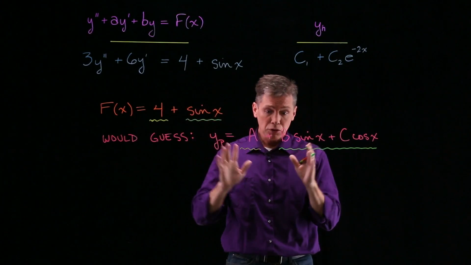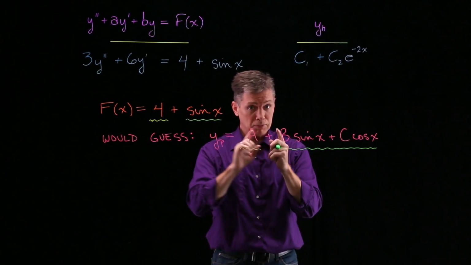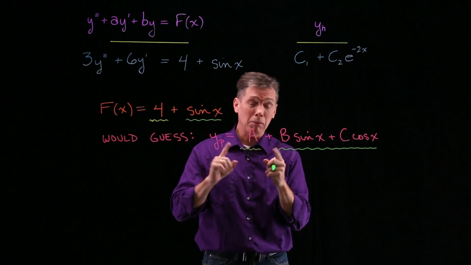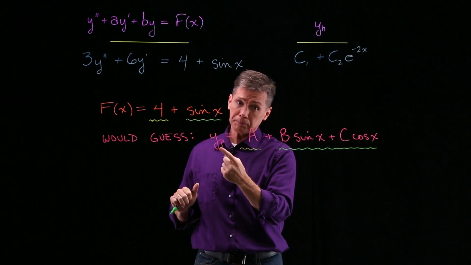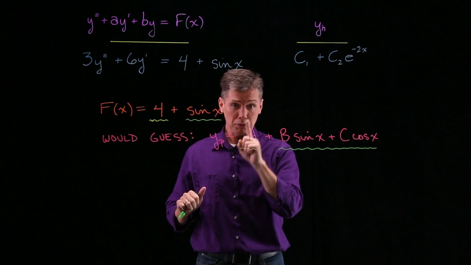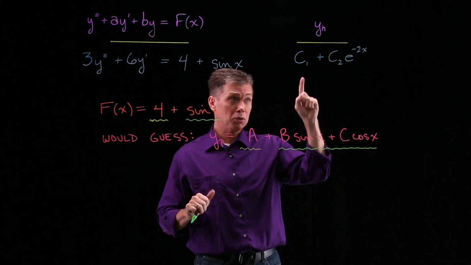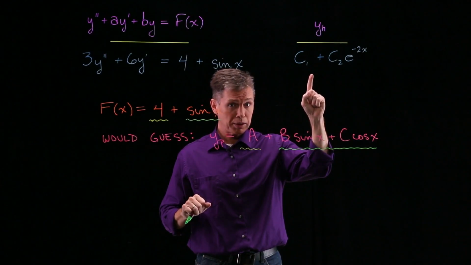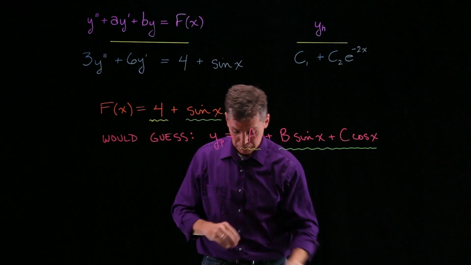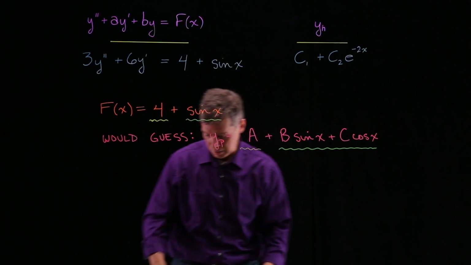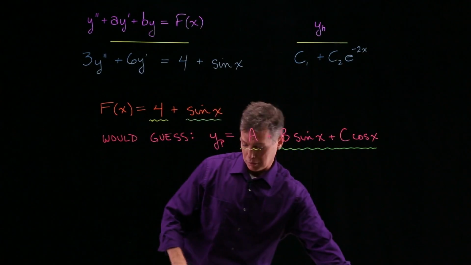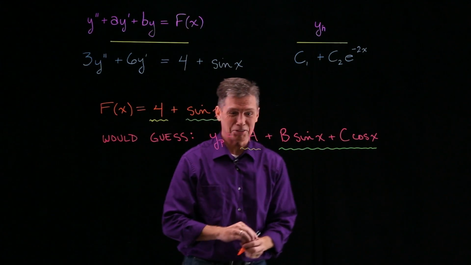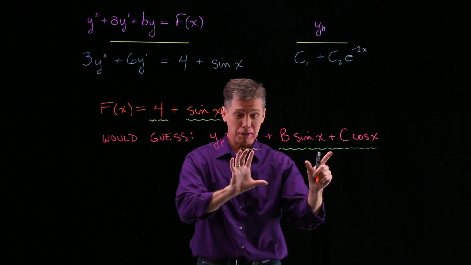Okay, so this is all good, but, and this is the key part of this group of problems, when you go to get your y sub p, it's important that there's no overlap with your y sub h. And I have overlap here. Let me grab another color, orange.